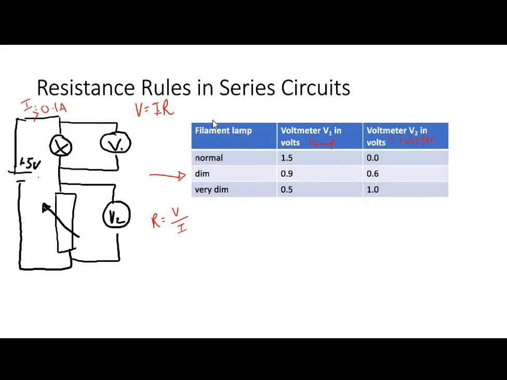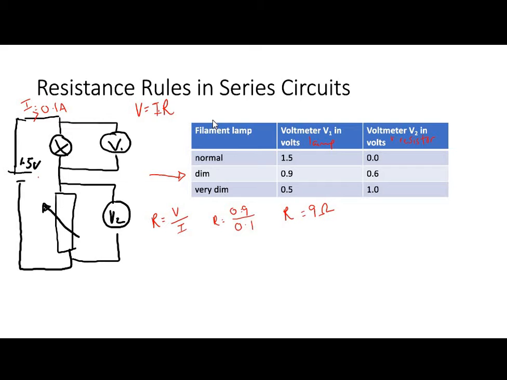So in this case, for the dim setting, we're going to have a voltage through the lamp of 0.9. Let's just write R equals, and our current, as I've just said, is 0.1. So therefore our resistance is going to equal 9 ohms. That was the funny squiggly symbol, 9 ohms.